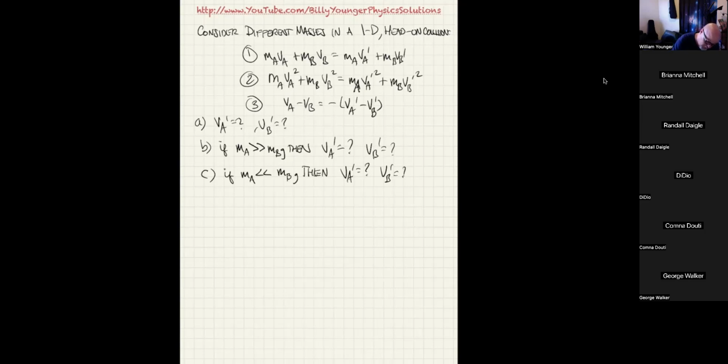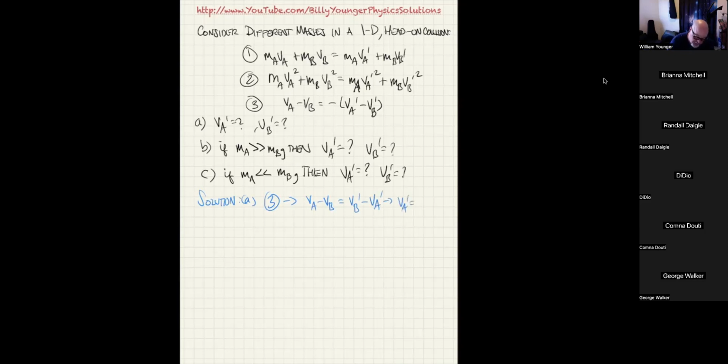So I'm going to take equation 3. From equation 3, I'm going to write this as VA minus VB is equal to VB prime minus VA prime, and I'm going to solve it for VA prime.